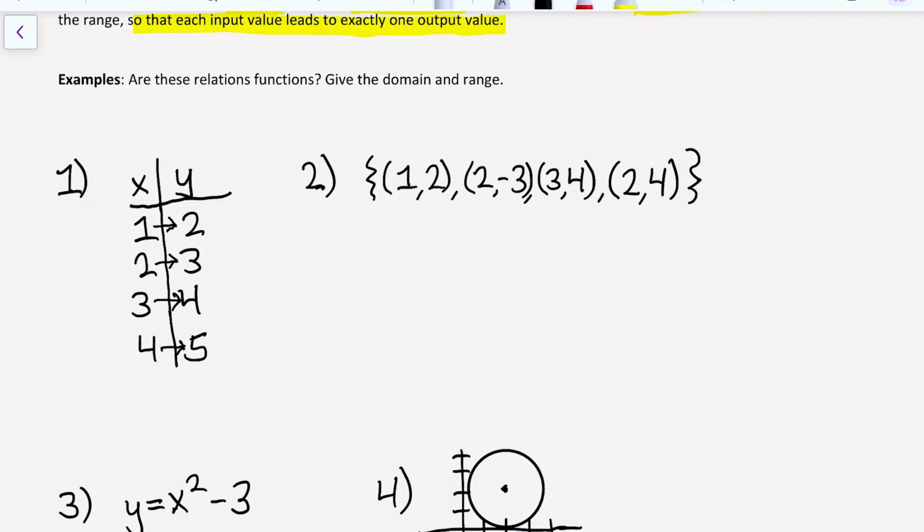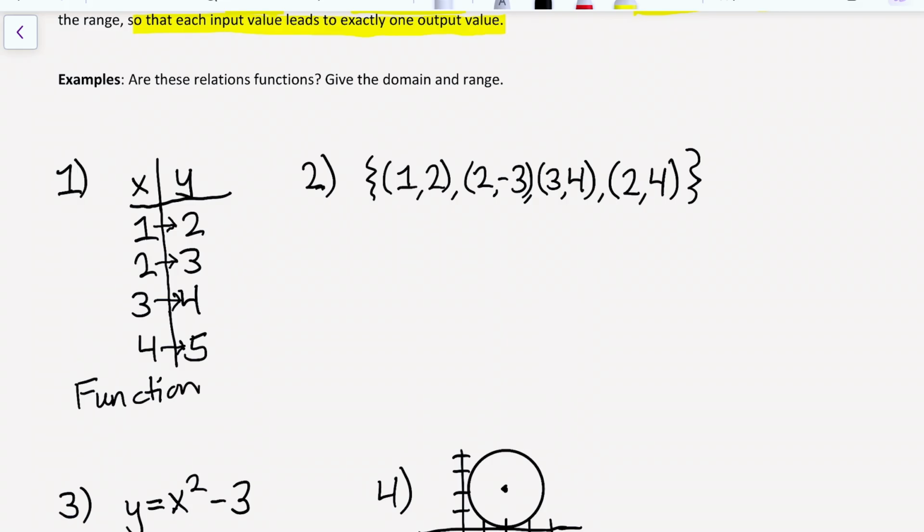So looking at our first table of points, we have some x values paired with some y values. The x value 1 goes to 2, 2 goes to 3, 3 goes to 4, 4 goes to 5, and so on. Every x value is matched with only one and exactly one y value. So this is a function.